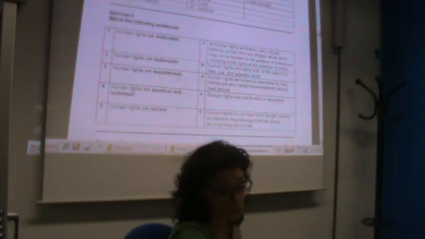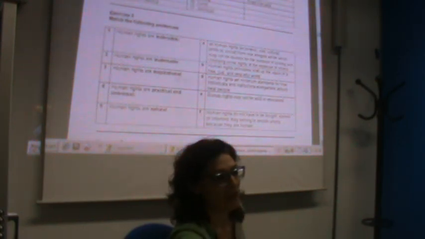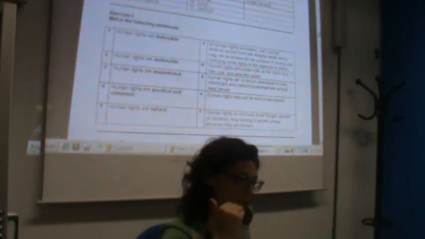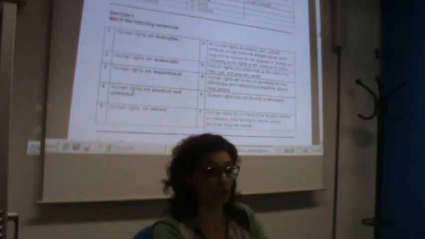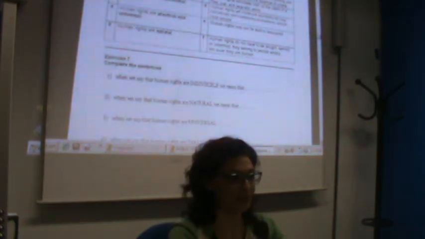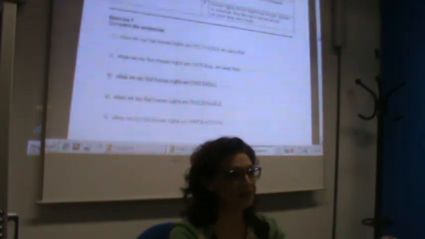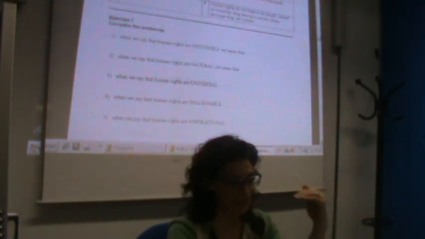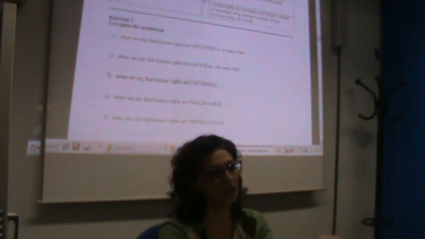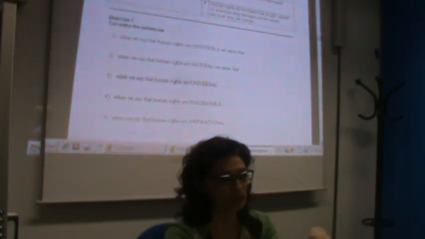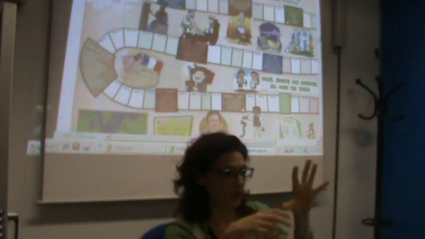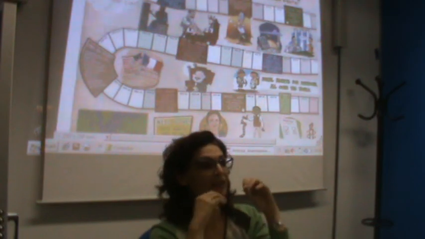They should do it easily because they've processed this information 2 and 3 times, and so they should get to this information. Right, and then as an assessment moment, I ask them, what do we mean by indivisible? What do we mean by universal? So here I know if they understood what I wanted them to learn.